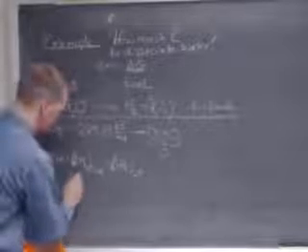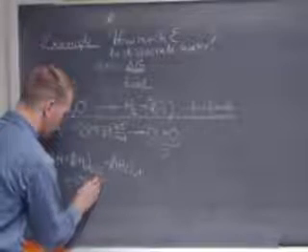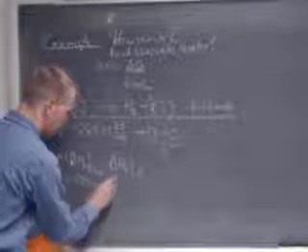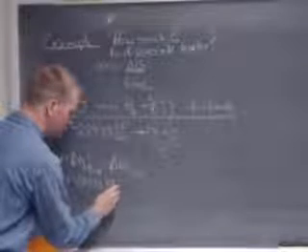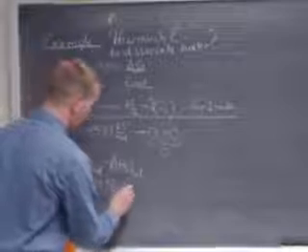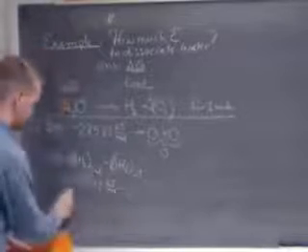So negative 285.83 kilojoules per mole. Really, I'm doing delta H per mole here, minus 0.